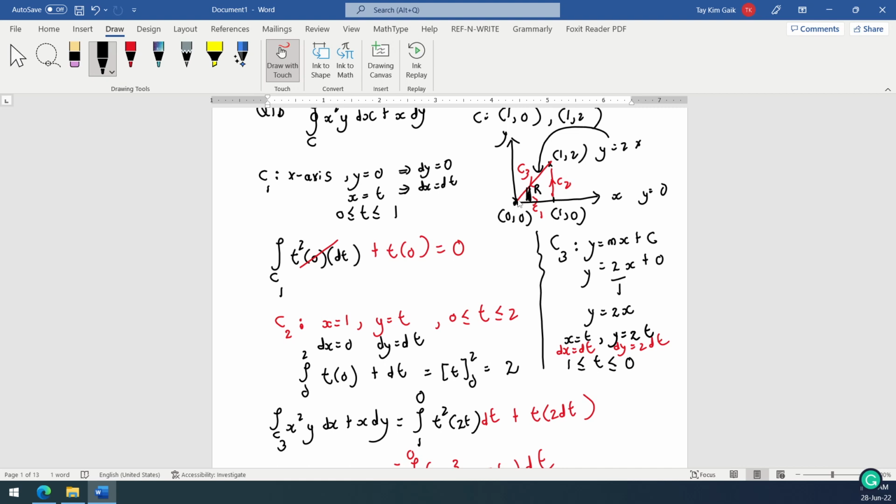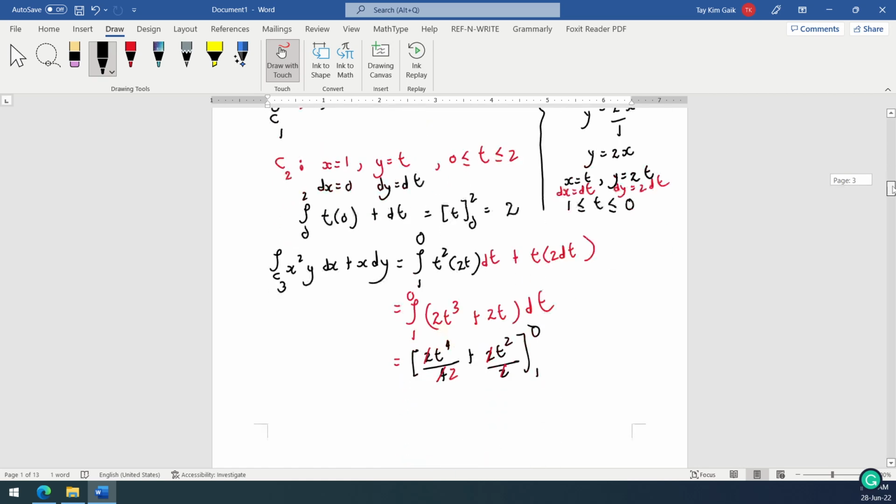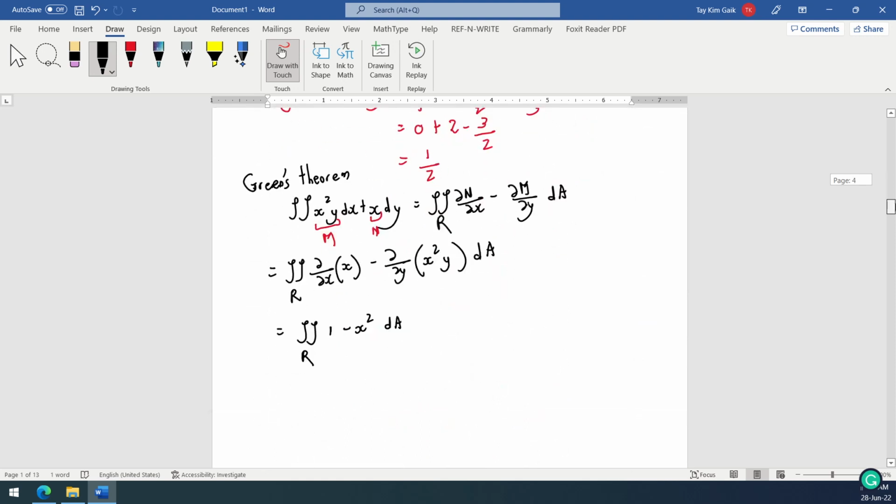Then you sum the vertical bars from the leftmost point, x equals 0, to the rightmost point, x equals 1. So x from 0 to 1, then y from 0 to 2x, of 1 minus x squared, dy dx.